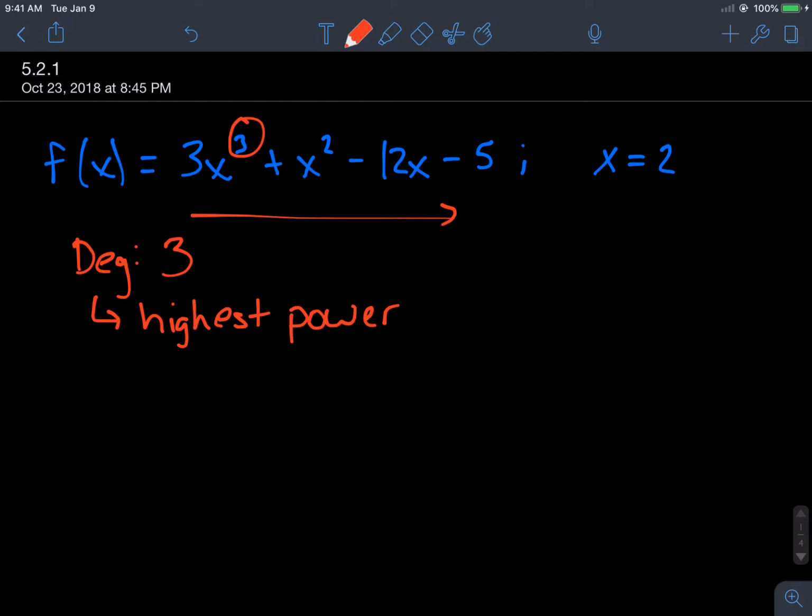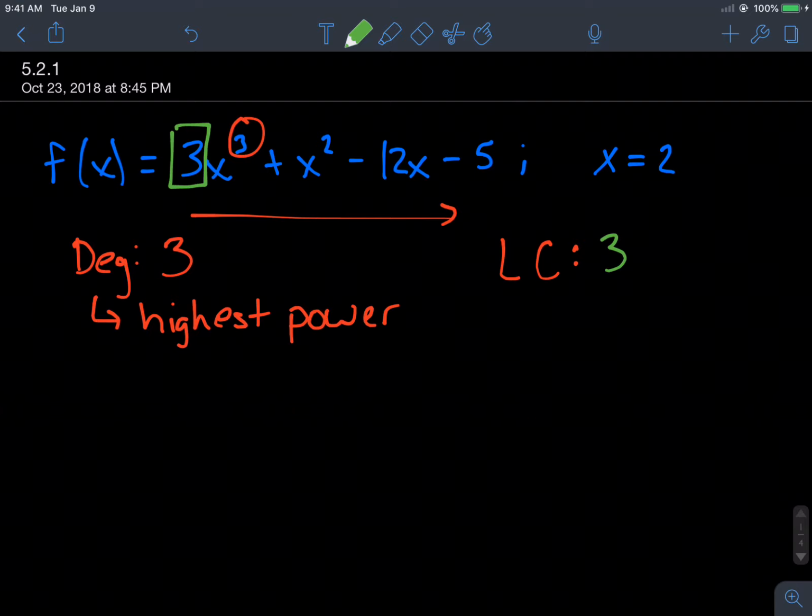Another term that's going to be useful to us is called the leading coefficient, which I will abbreviate as LC. The leading coefficient is the coefficient of the term with the highest power. In most cases that's going to be in the front, because if we write the highest power first and lower ones at the end, the leading coefficient is in the very front of the equation.